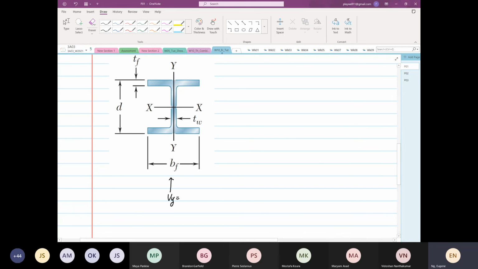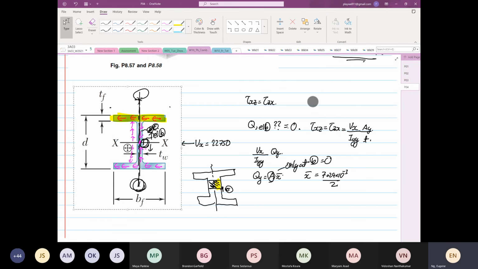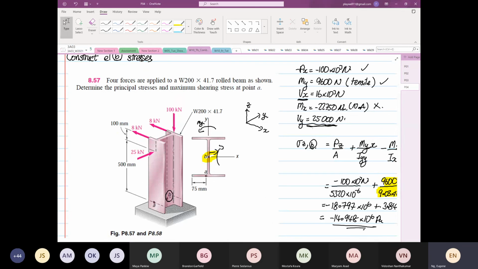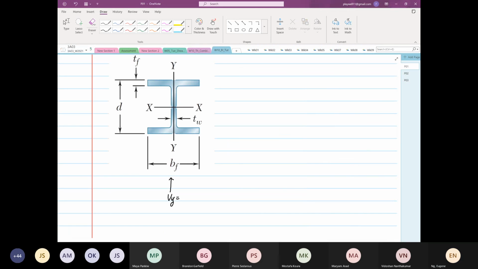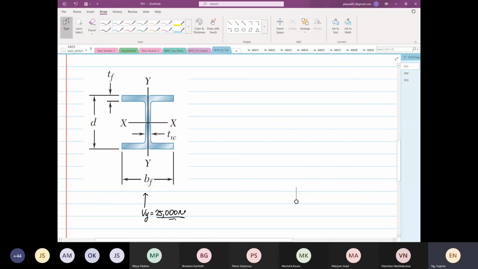What is our Vy value? Let me look. I don't want to be losing points again. 25,000 Newton. So now we are again going to construct our shear flow. Our shear flow will look like this.